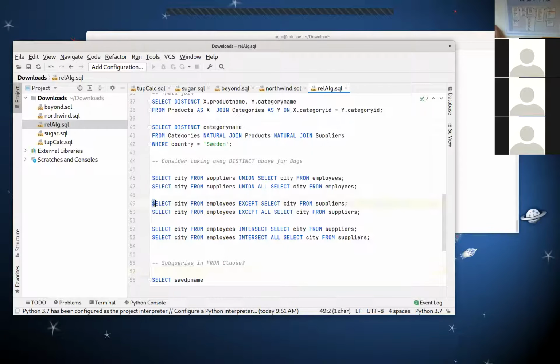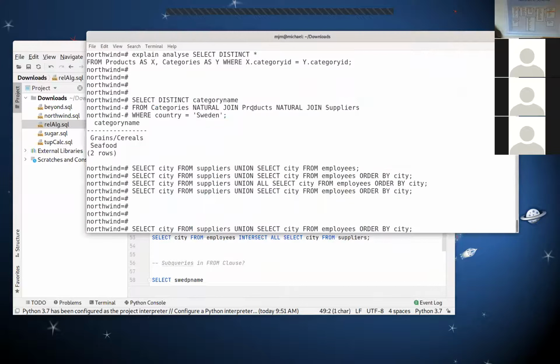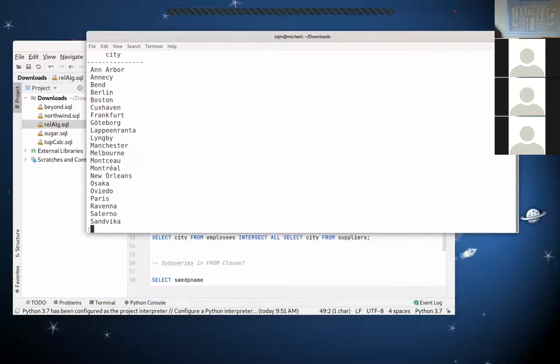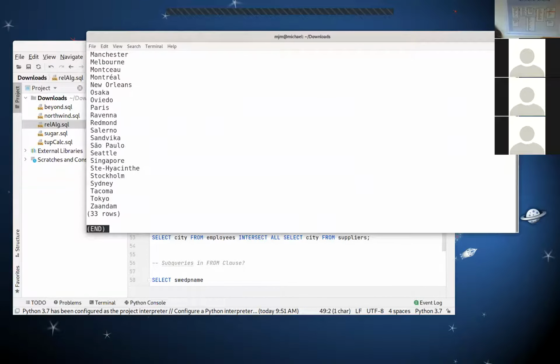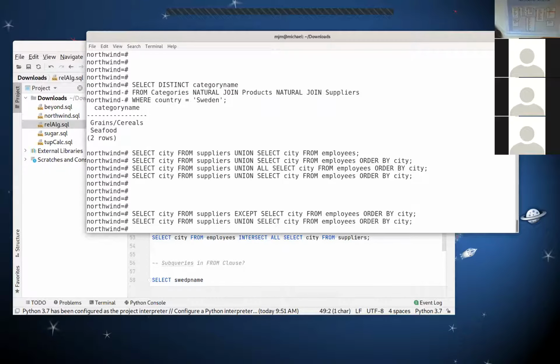I don't know why I didn't do it here, but maybe because there's 28 now. And then what was there when it was the union? Okay, yeah, so there were some that dropped out.